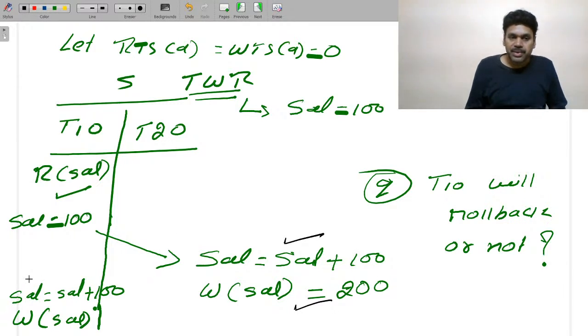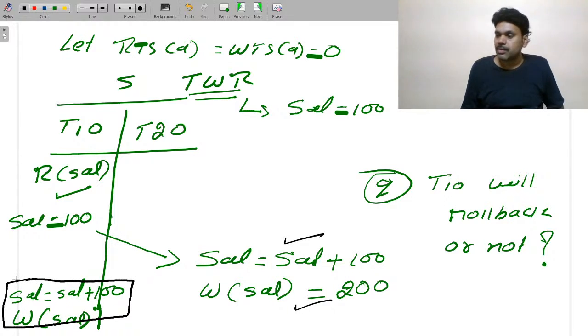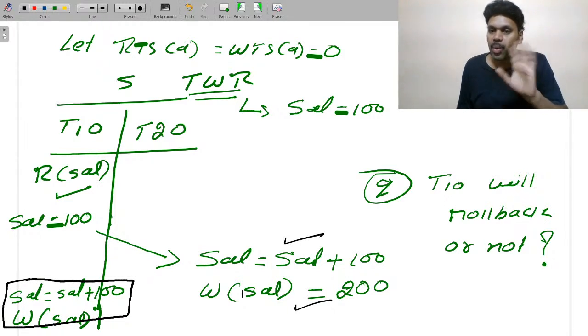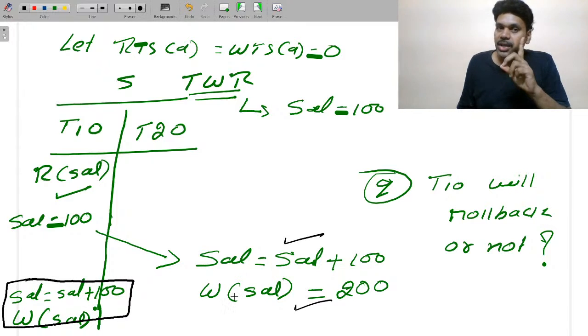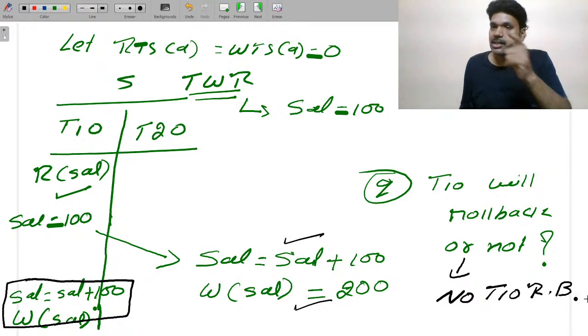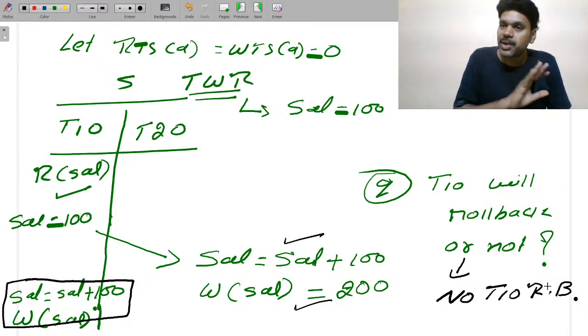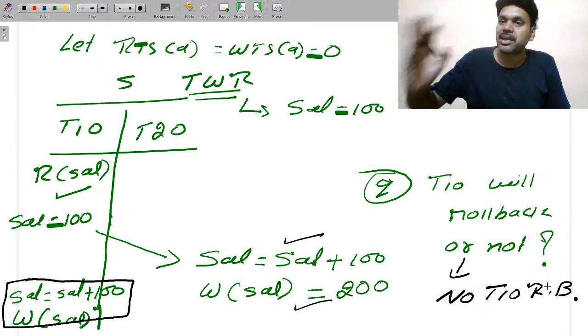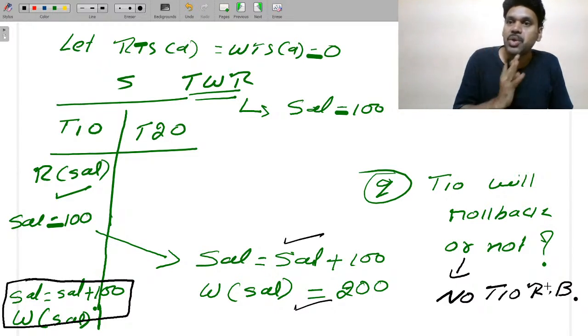All of you observe this. This T10 will roll back or not? No. Why no? Please observe. The answer is not yes. It is no, T10 does not roll back. That is the power of the Thomas Write rule. It is not going to give any kind of inconsistency to other transactions as your transaction is not rolled back.